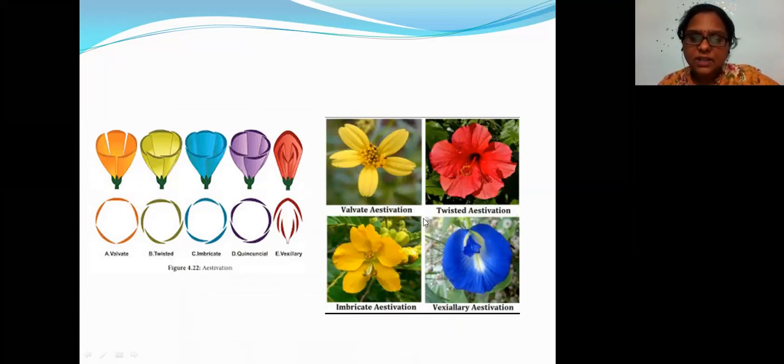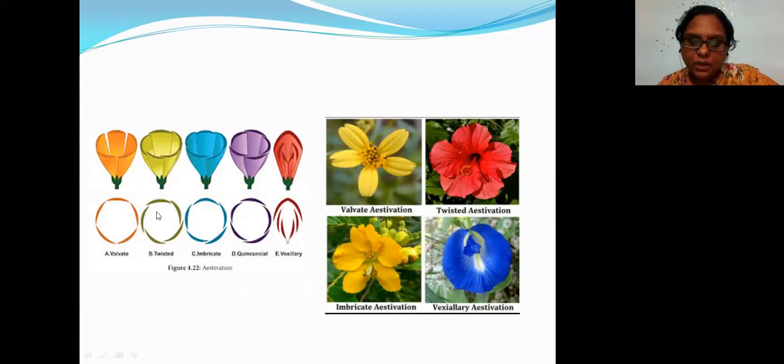But if you just see the diagrams, you can see that they're just touching each other, and in the twisted one you can see that they're overlapping. This is on the top, this is on the top, this is on the top. Then you have the imbricate, where this one is completely on the top and this will be down, then this will be on the top completely.